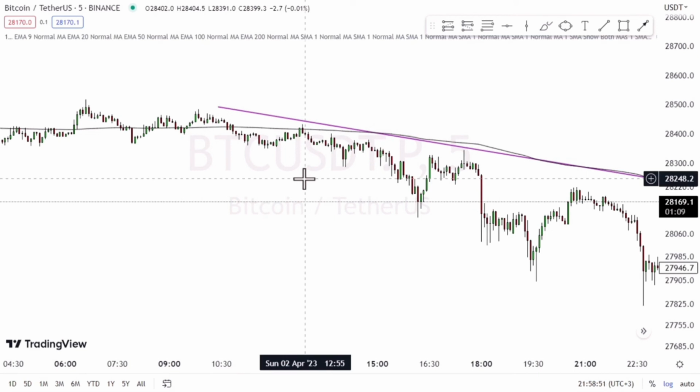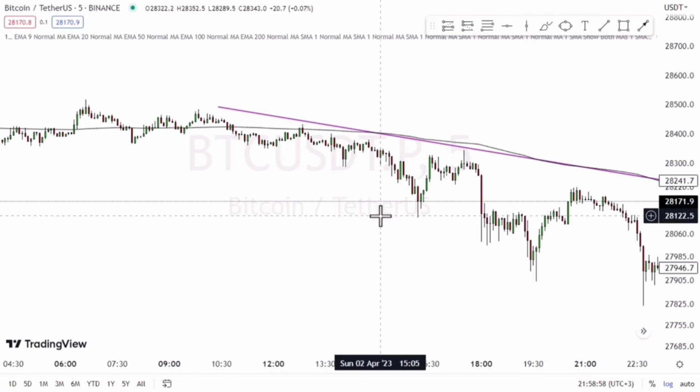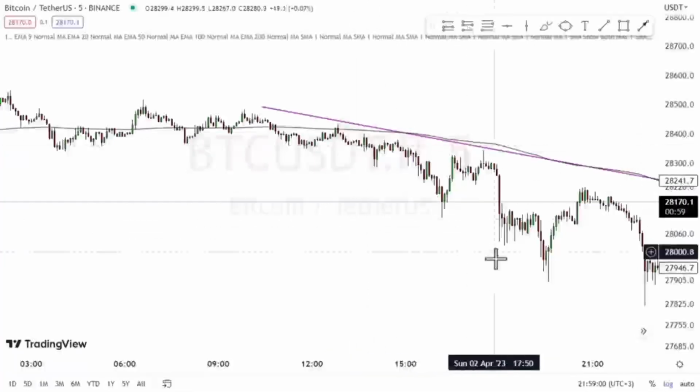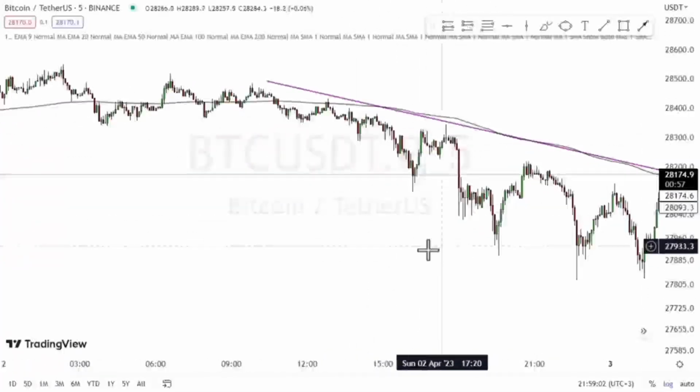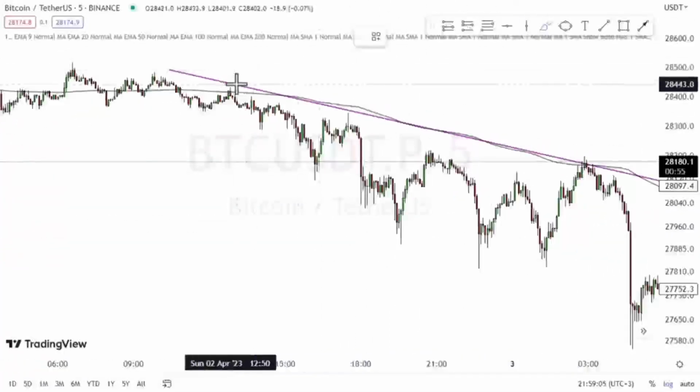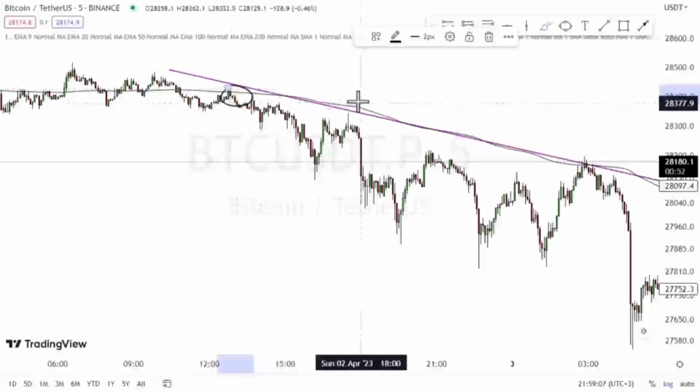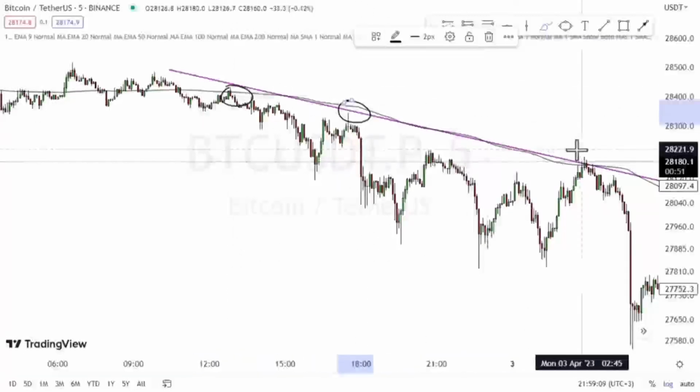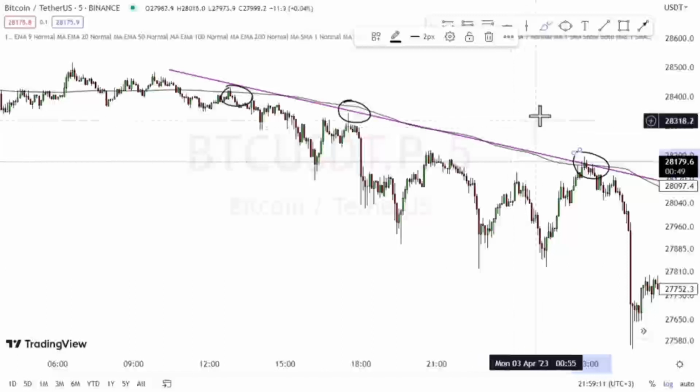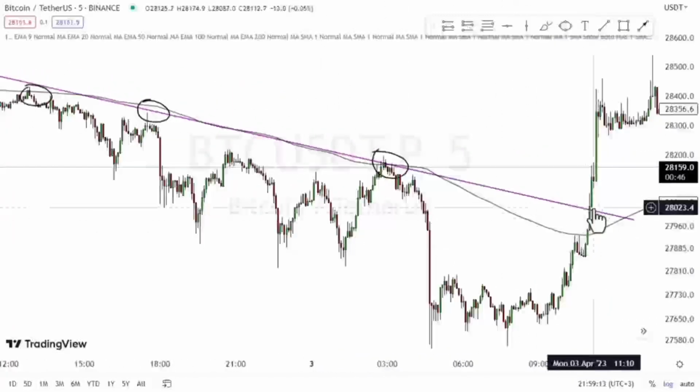If the price is below it, it means it's a bear market, and we only look for triggers to go short. Here the price is below it. How many times did it hit it? See, one rejection here, one here, another rejection here. Then it managed to break through, and now we can look for long trades.